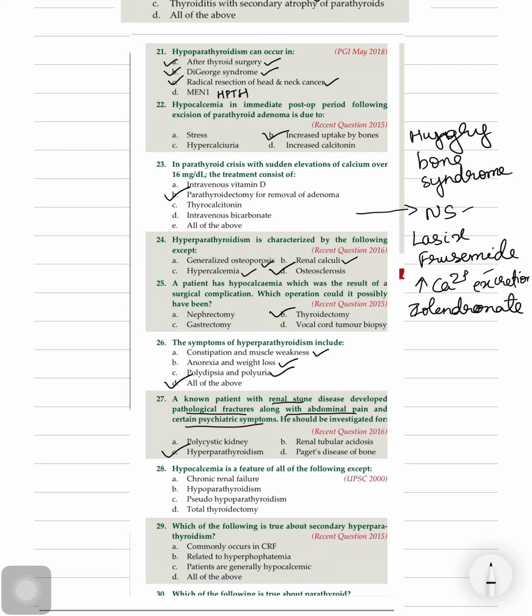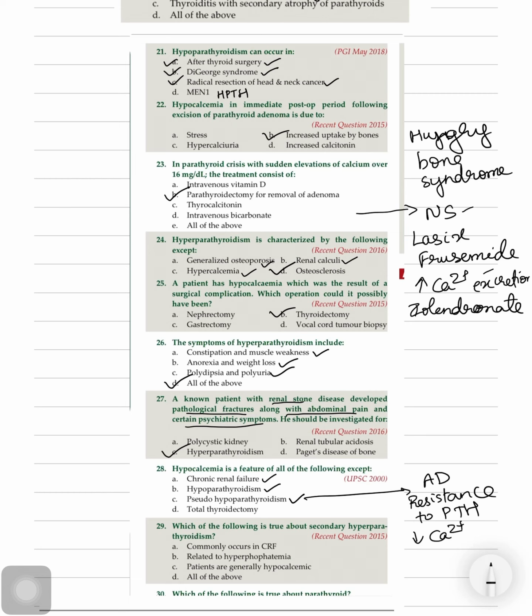Hypocalcemia is a feature of all of the following except chronic renal failure, you have hypocalcemia, and hypothyroidism, yes, and pseudohypoparathyroidism. Pseudohypoparathyroidism is an autosomal dominant disorder where there is a resistance to PTH, which leads to low calcium levels.